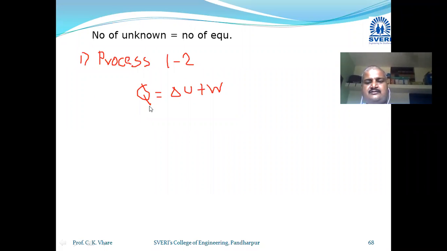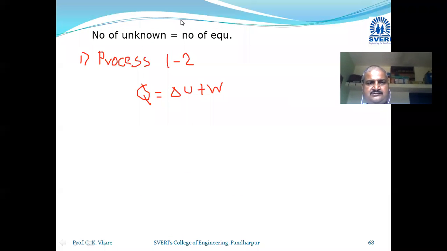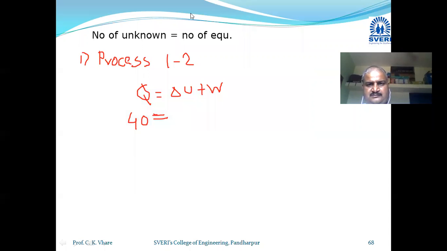This one equation is sufficient to find this unknown term. Now we will put the values in the equation. What is your Q? Q is 40. What is your delta U? The delta U is 25. And what is W? It is unknown.